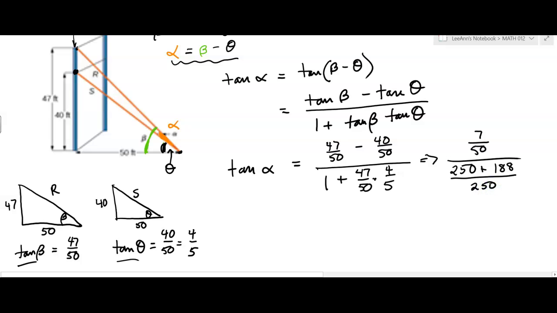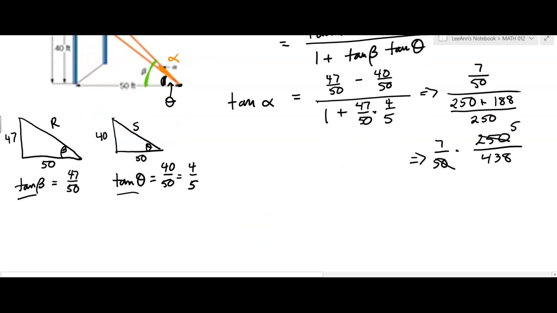Then some fraction work: 7 over 50 times 250 over 250 plus 188, which is 438. Since 50 goes into 250 five times, tangent alpha equals 35 over 438.